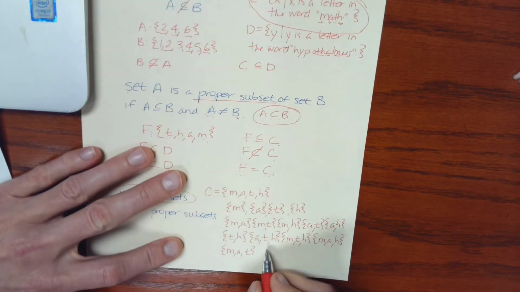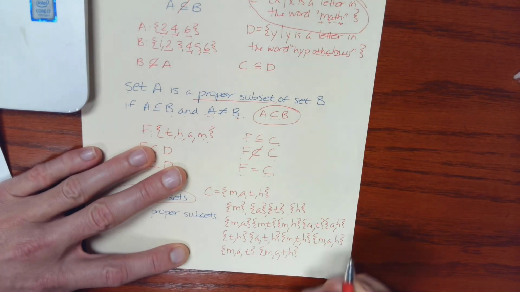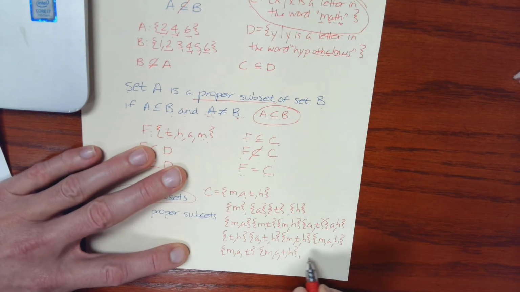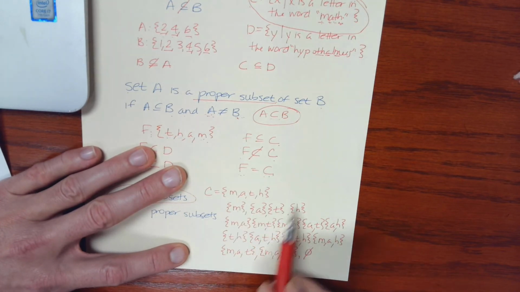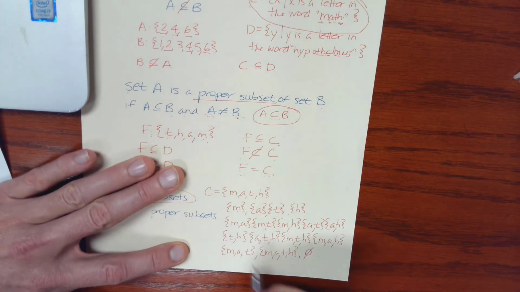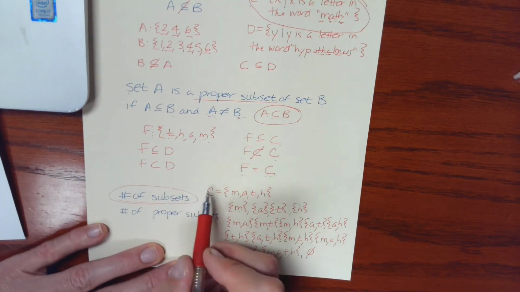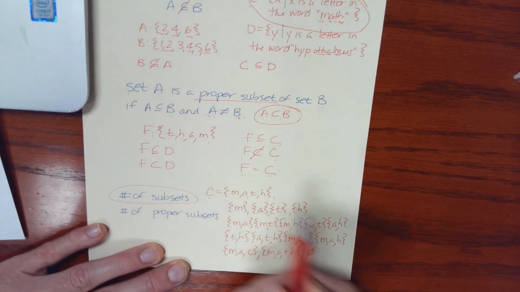And then, of course, there is the set itself, MATH. And lastly, the empty set is a subset. So 1, 2, 3, 4, 5, 6, 7, 8, 9, 10, 11, 12, 13, 14, 15, 16. There are 16 subsets of this 4-element set.